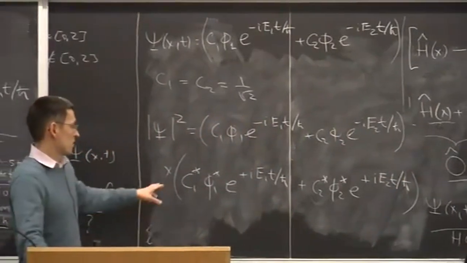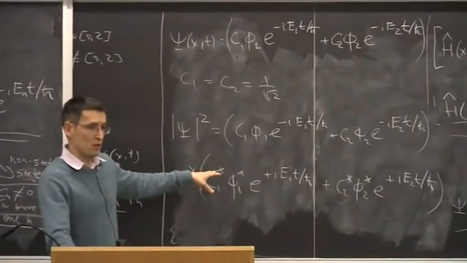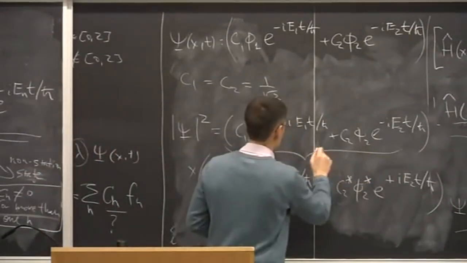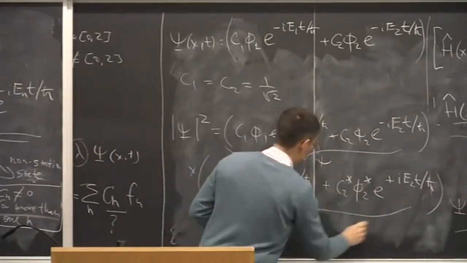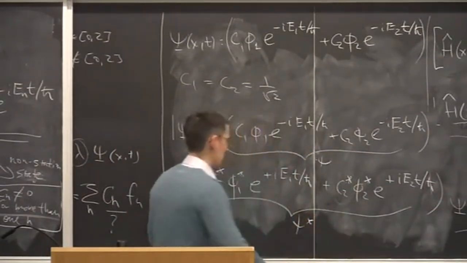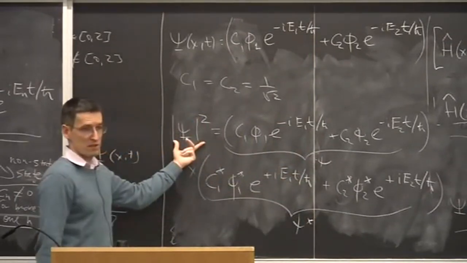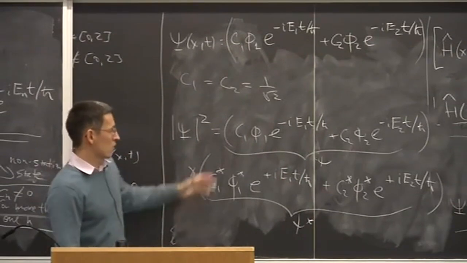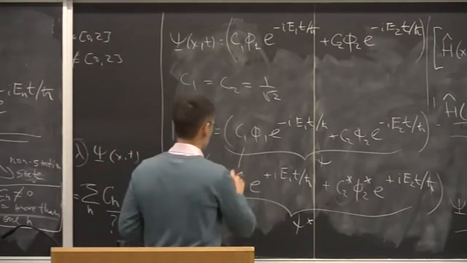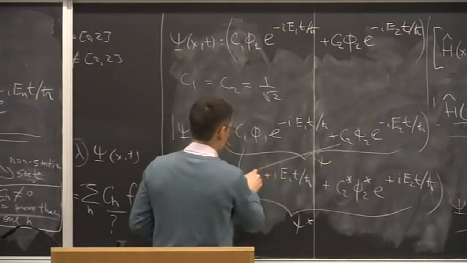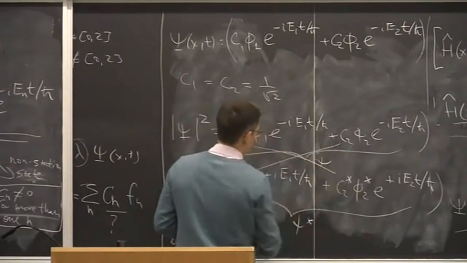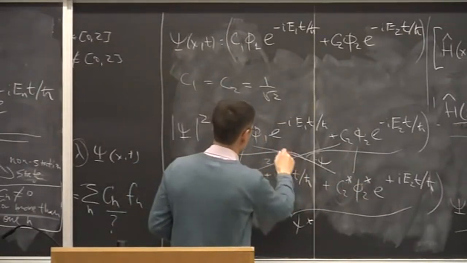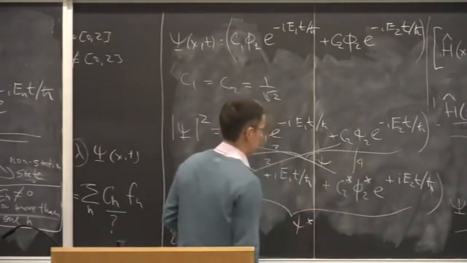Is everyone following what I'm doing here? This is just psi, and this is psi star, so psi times psi star, that's what psi absolute square means. Here are the 4 terms: this with this, this with this, this with this, and this with this. So it's 1, 2, 3, 4.